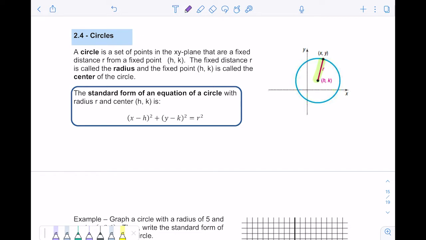One of the forms of an equation of a circle we're going to look at here, when your radius is r and the center is (h, k), is (x minus h) squared plus (y minus k) squared equals r squared, which should look very familiar because it's the distance formula in disguise.